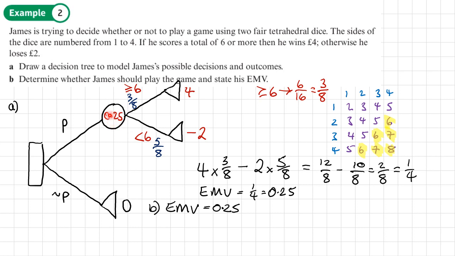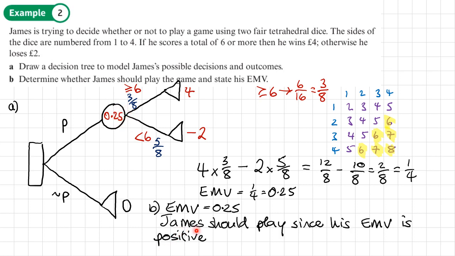We're expecting to win more times than lose because we've got a positive value here. So I'll just put that down. James should play since his EMV is positive. So this will be his optimal strategy. And remember, if we have a non-optimal strategy, 2 bars like that to say, well, we're not going to take this option of not playing. Playing is his best optimal strategy in this case.